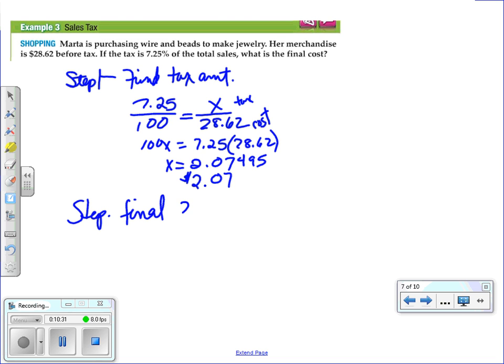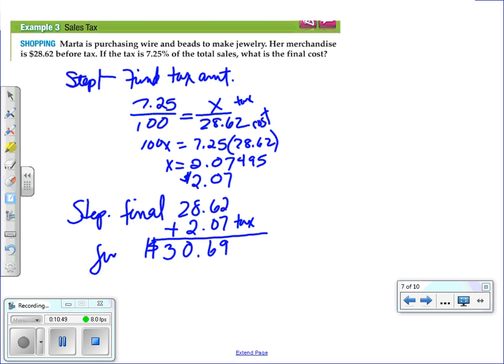Well, you had $28.62, right? And then you have to add the cost of the tax. We do this all the time, or you should be doing it. Maybe you do it on your calculators or on your phones, right? Have an app. So the final cost is $30.69.